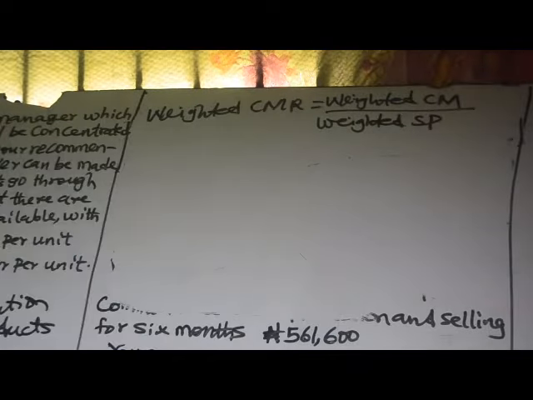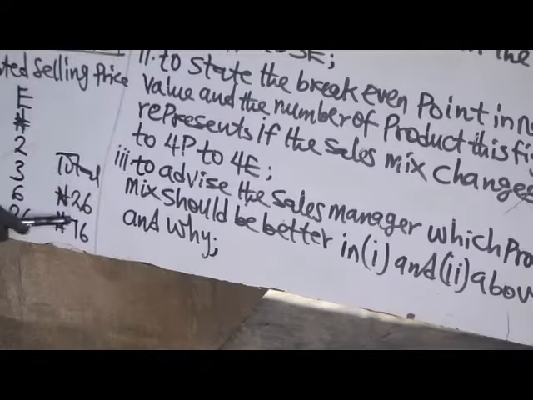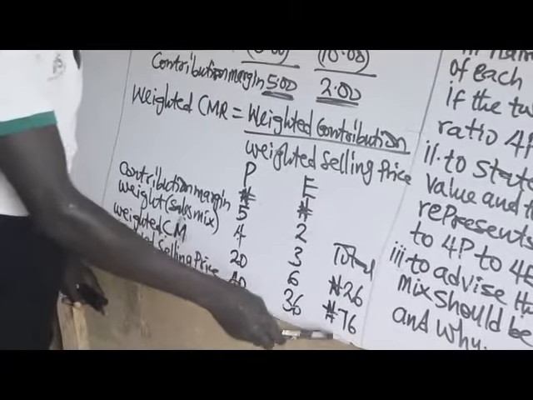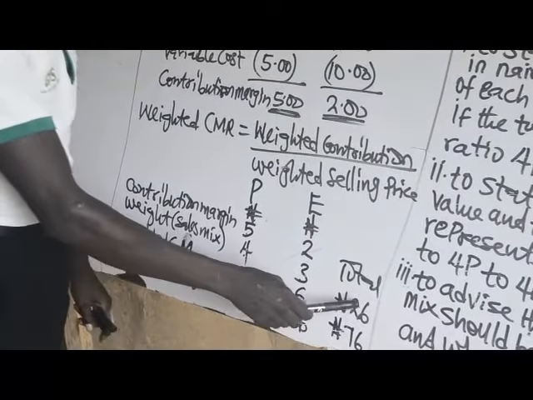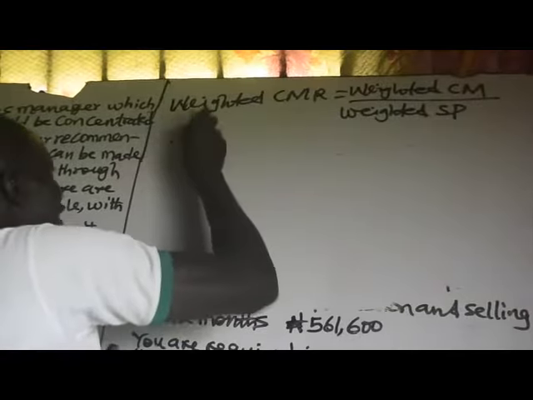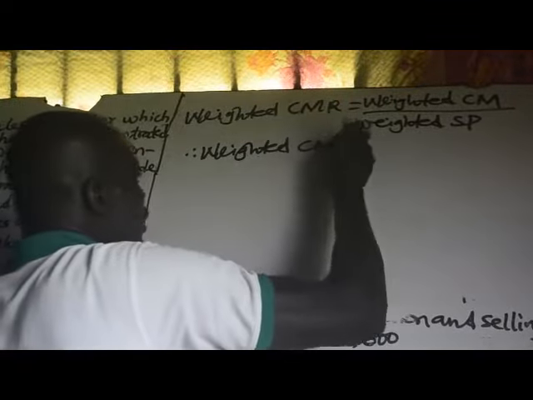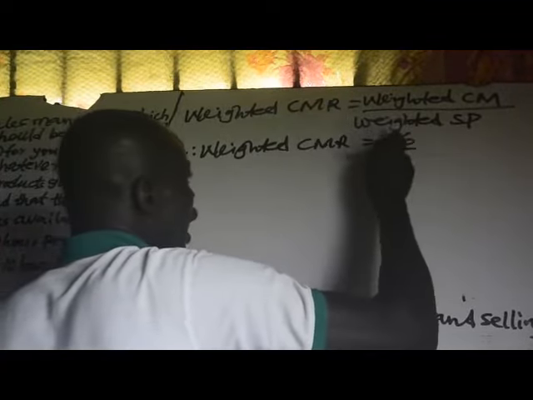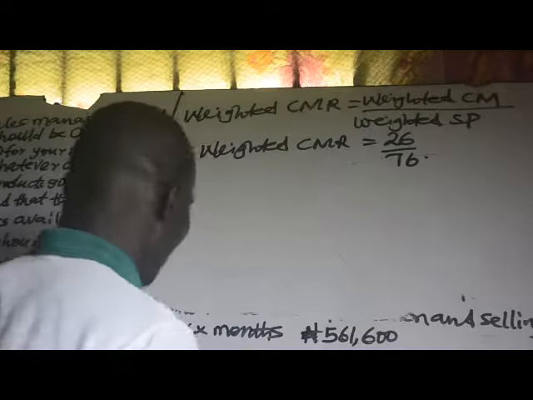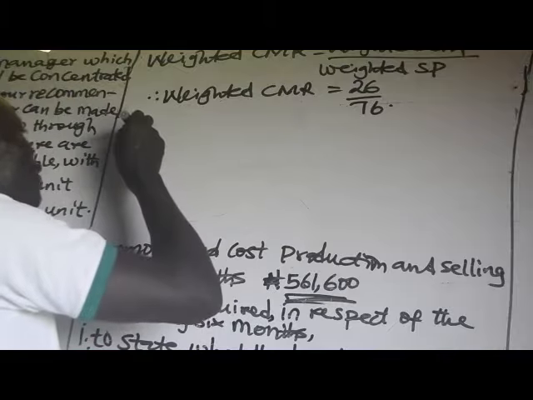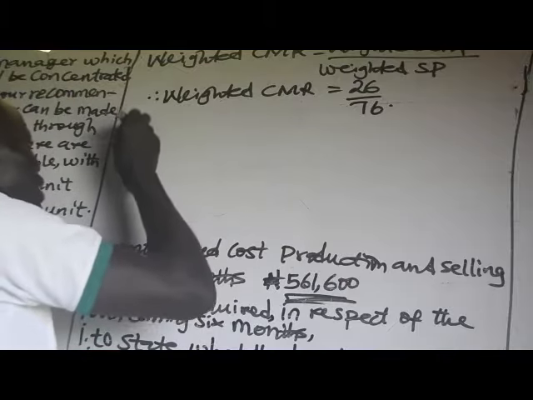The weighted contribution margin is 26 Naira, while the weighted selling price is 76 Naira. So the weighted CMR will be 26 over 76. Therefore, the next step is the determination of the break-even point in Naira.